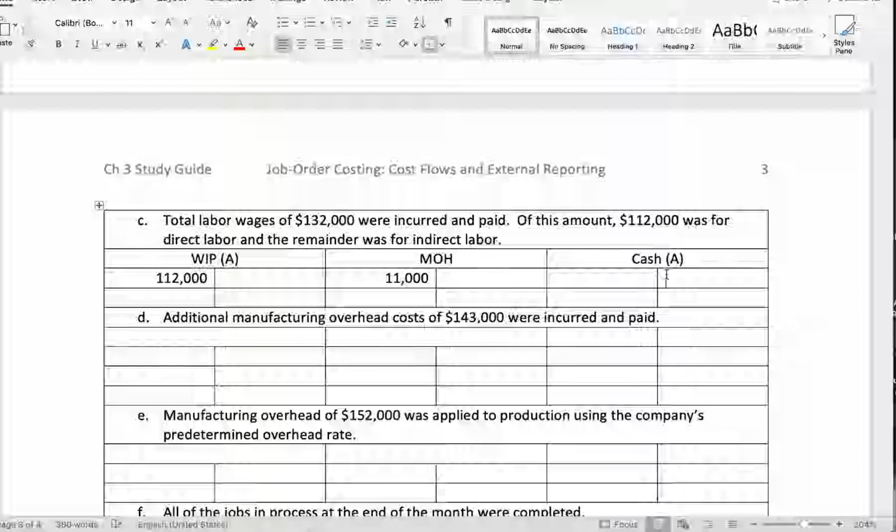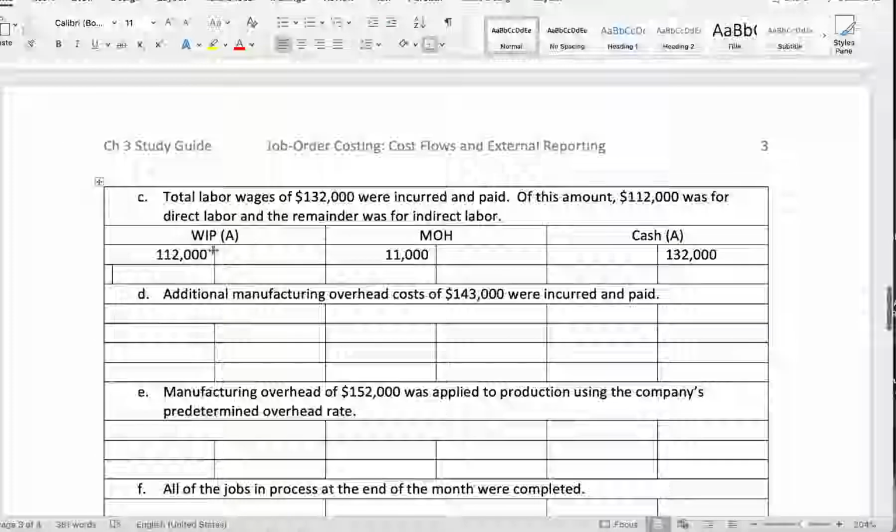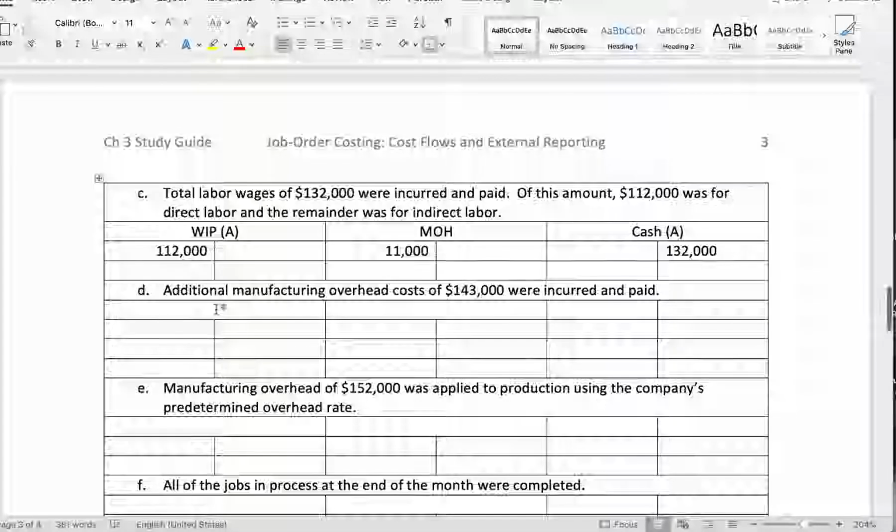How much do I credit it for? The total, 132,000. Again, an asset increases with the debit and an asset decreases with the credit. Okay, so let's look at D.